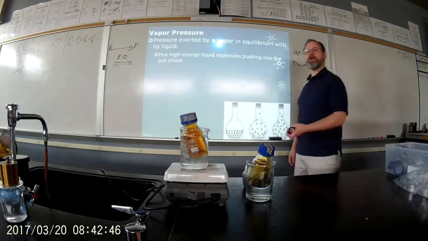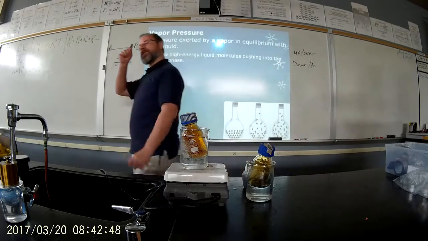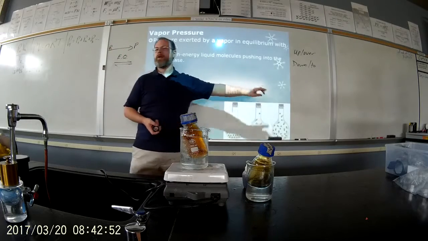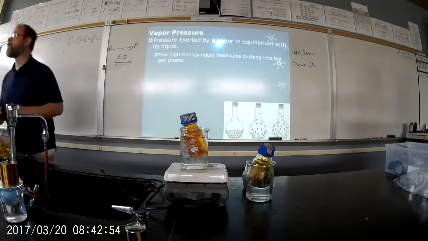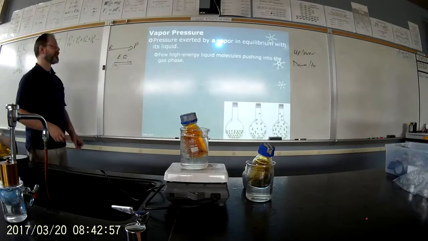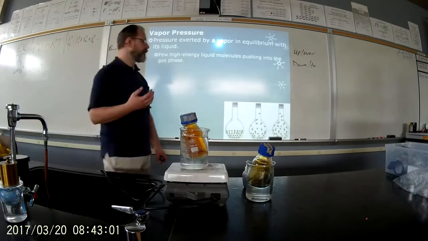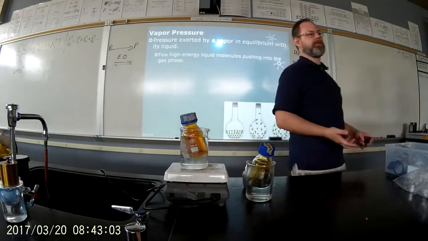So vapor pressure occurs because of that little triangle, remember the diagram, the distribution, that little triangle at the bottom? All liquids have a few molecules that really want to be in the gas phase.